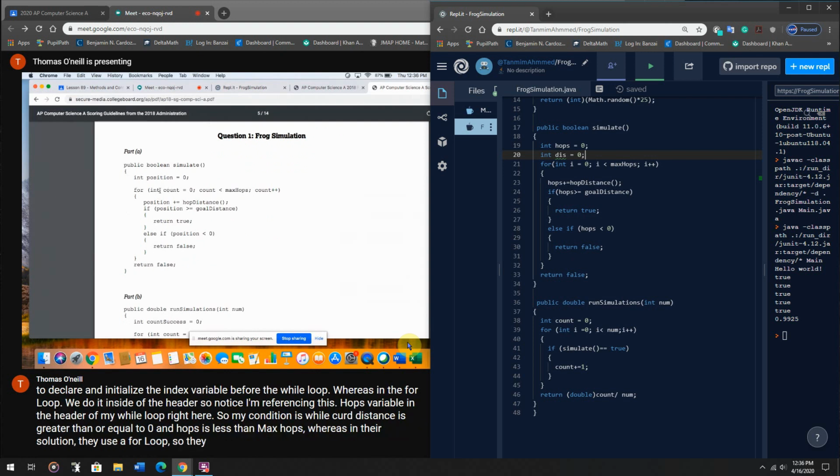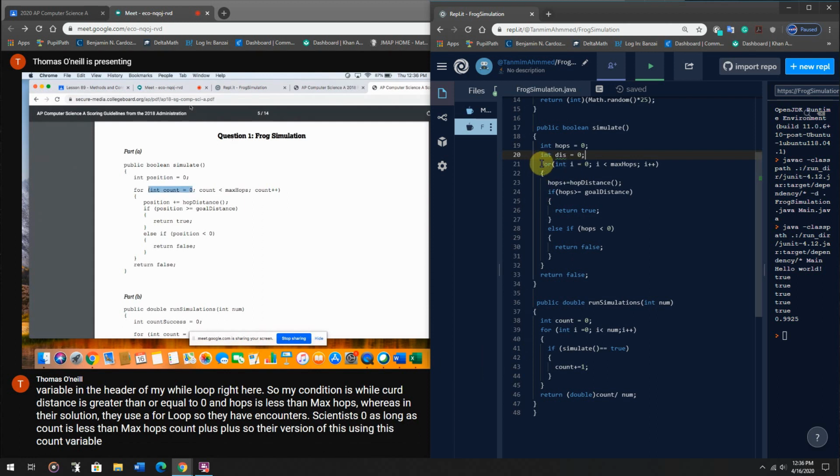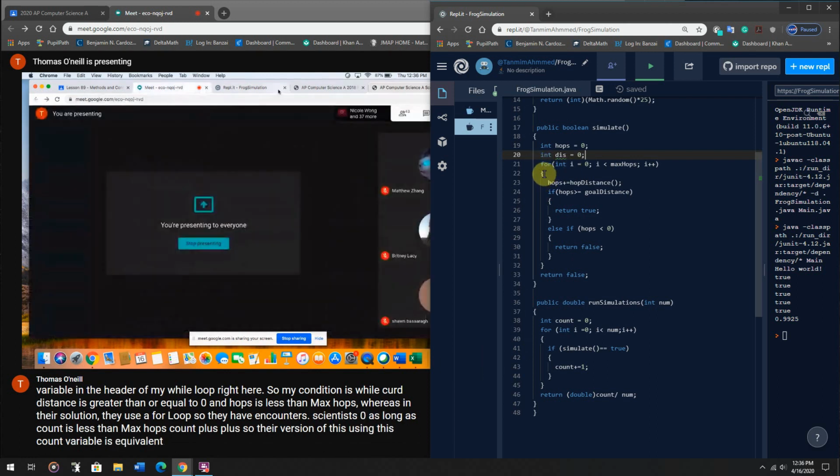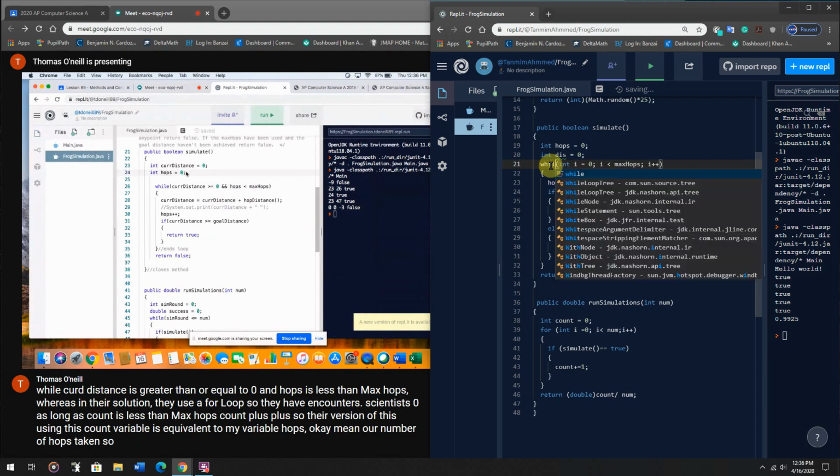They have int count assigned to 0, and as long as count is less than maxHops, count plus plus. Their version of this, using the count variable, is equivalent to my variable hops, or number of hops taken. They just called it count.